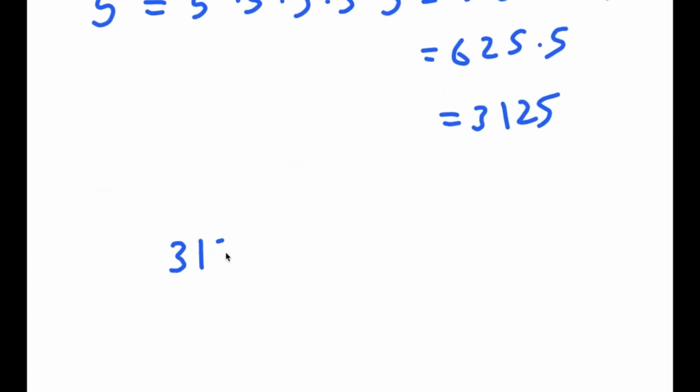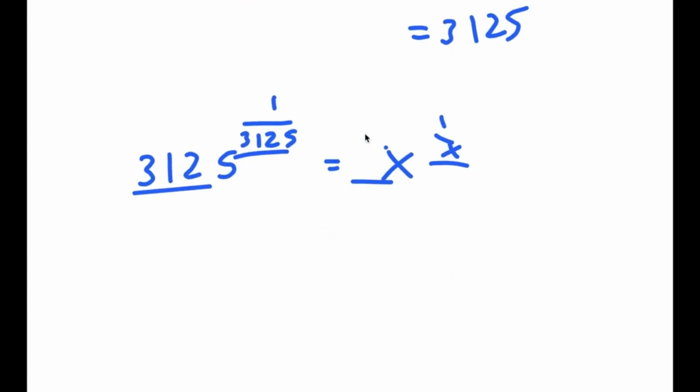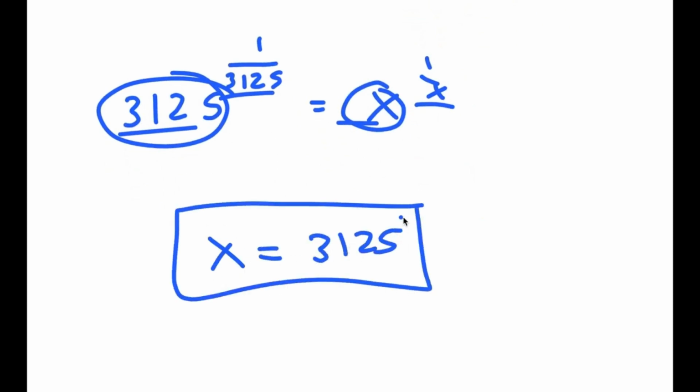So I get 3,125 to the power of 1 over 3,125 is equal to x to the power of 1 over x. And now because these two have the same forms, these two numbers are equal to each other. So x is equal to 3,125. So this is my solution.